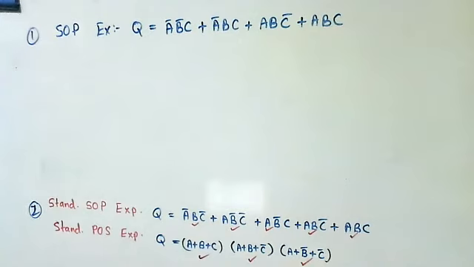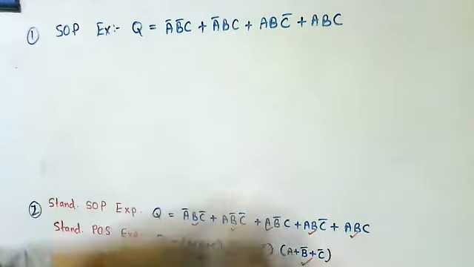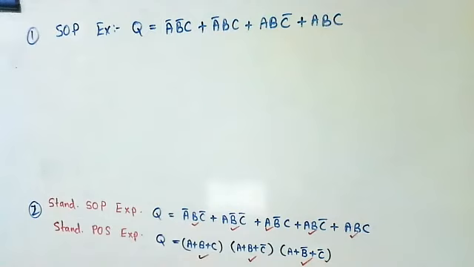So A bar, B bar, C, A bar, B, C, A, B, C bar, A, B, C, I'm going to simplify this. Here I have to find the common parts first, then I can use the distributive law.